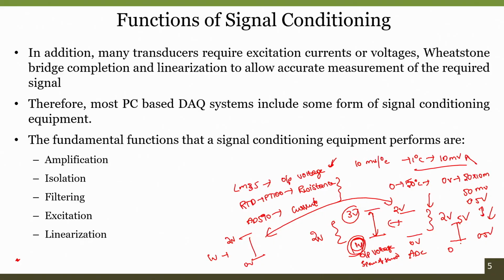Okay. So we have seen some examples with respect to when there is a change in the output and when there is a difference in the levels. For example, say you have a sensor which gives a resistance change, and you know that resistance change you cannot directly interface to an ADC. So how do we do that? Imagine this is your sensor.